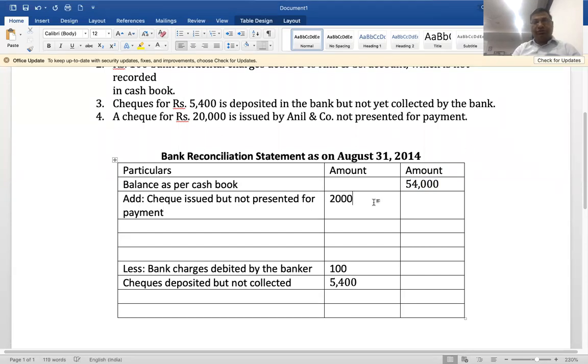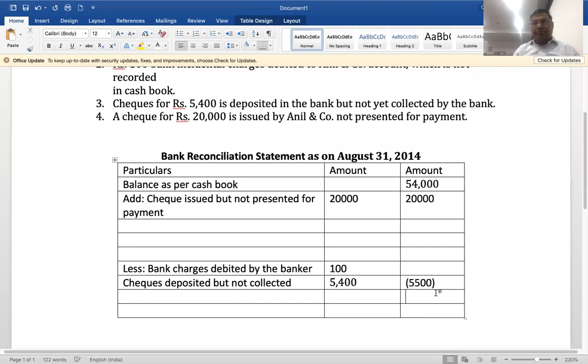Okay, 20,000, right? So 20,000 is added here, and 5,000, 500. 500 is deducted here.